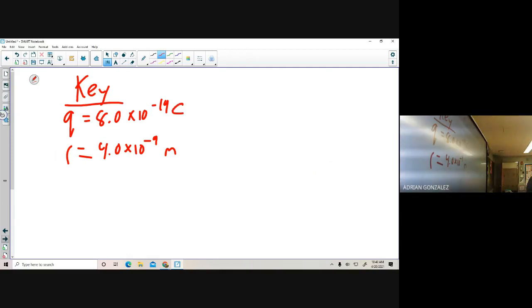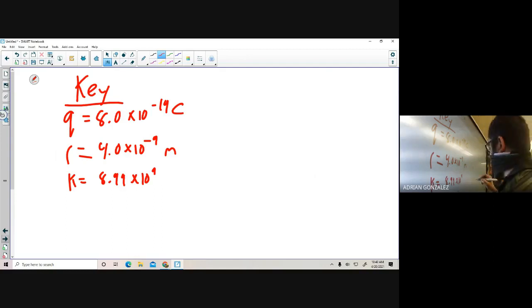Okay, do we know anything else? The constant. What's the letter and the value of the constant? Units? What are the units for the K? If only you had a piece of paper where it was written down.